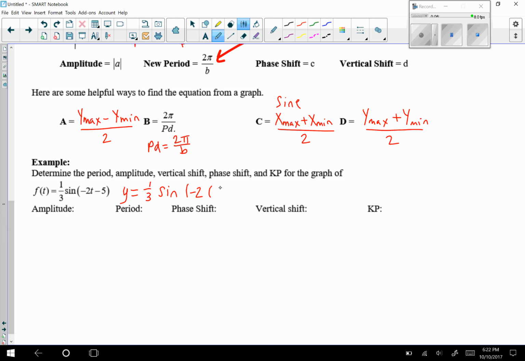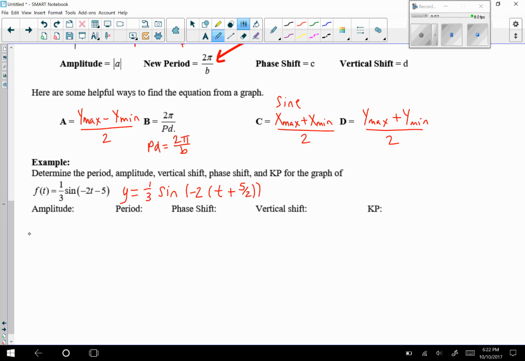So when we factor that out, that becomes t, and a negative divided by a negative becomes plus. And remember, when you're factoring something out, you're really dividing out, so plus 5/2. And you can always check your work, because if you multiplied this and distributed back in, you would see that you would get -5 here.